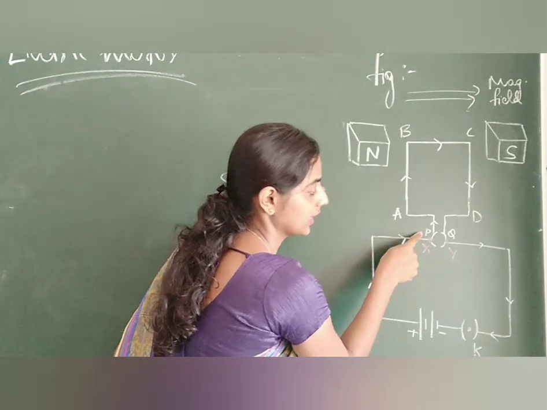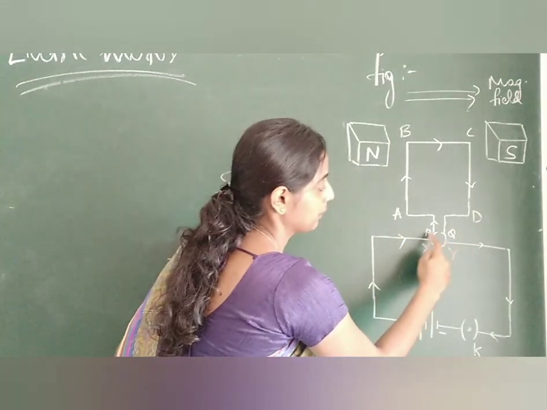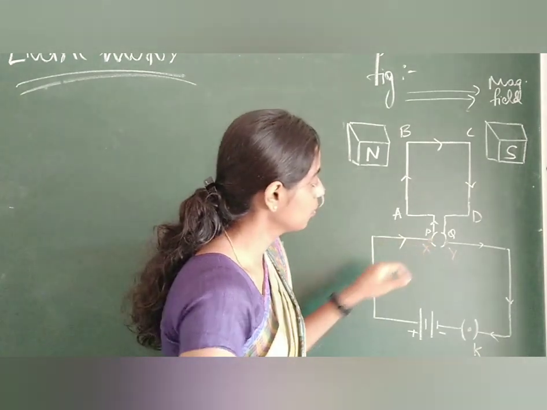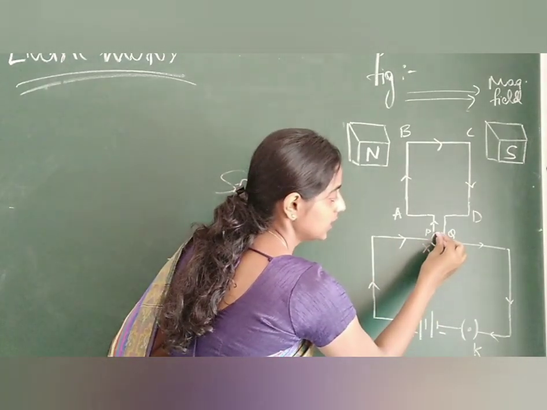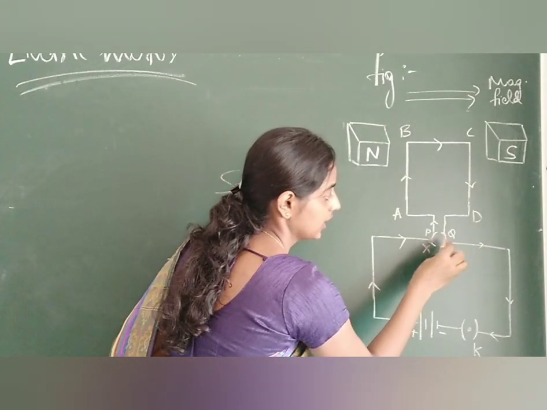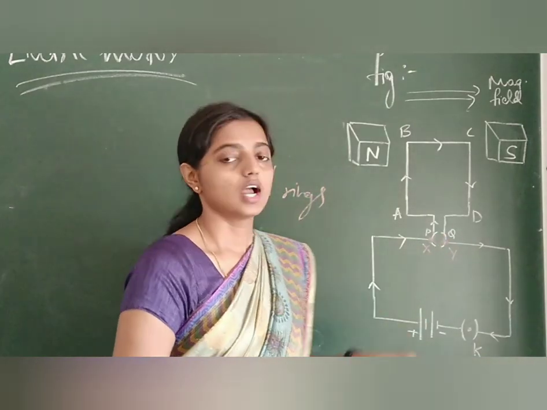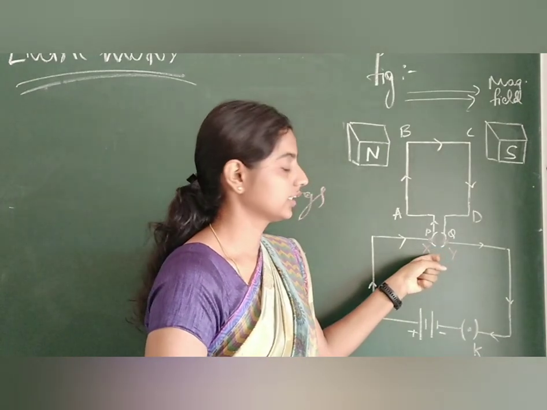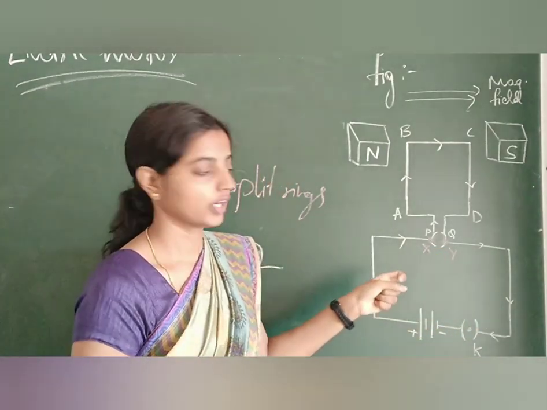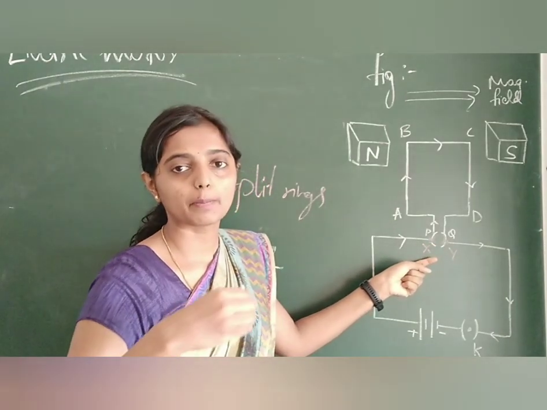Half of the split ring is called P and the other half is called Q. Inside, the split ring is insulated, which means it does not allow the flow of current. Okay, understood? You need to understand step by step.